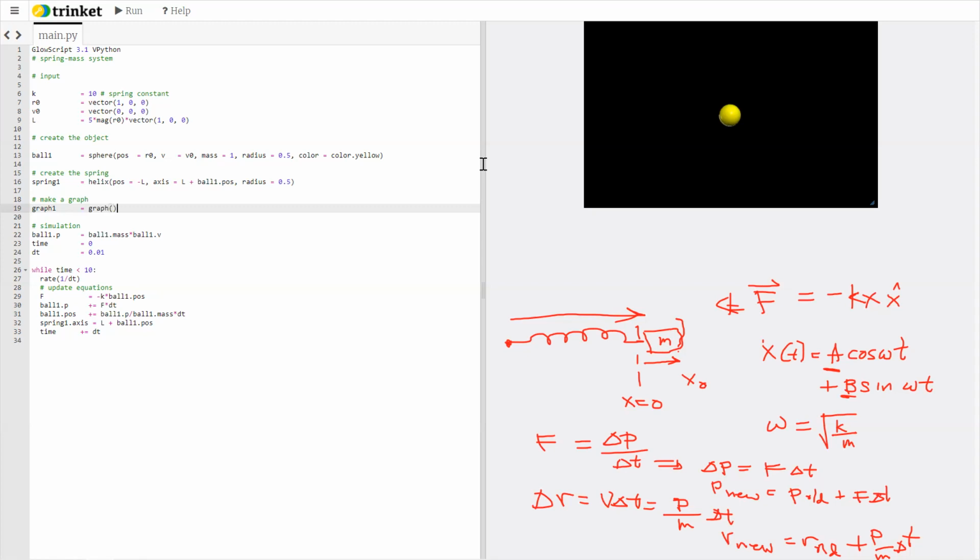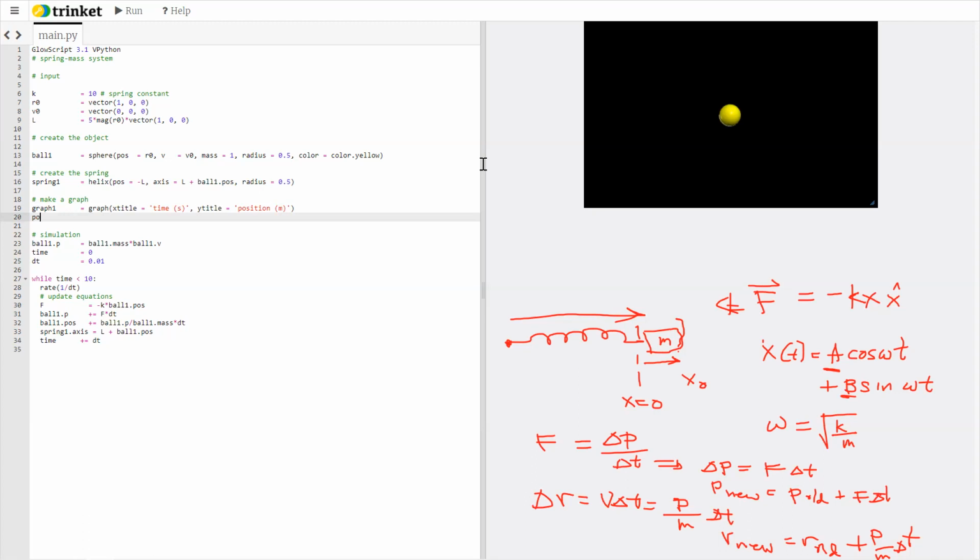So graph, let's say this is the time axis, and y, this is the position in meters.